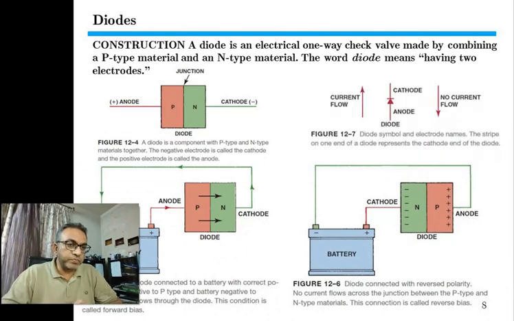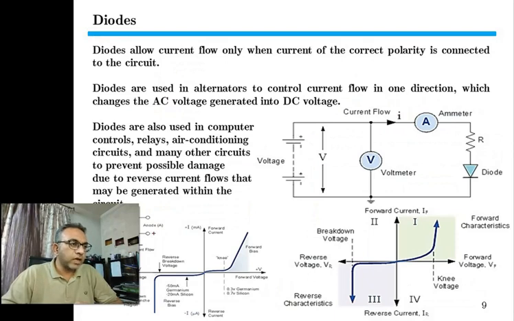We discussed the diode symbol, the diode application during forward bias and reverse bias condition. After this, we discussed the diode properties, the diode characteristics while the diode is operating in the first quadrant and in the third quadrant.